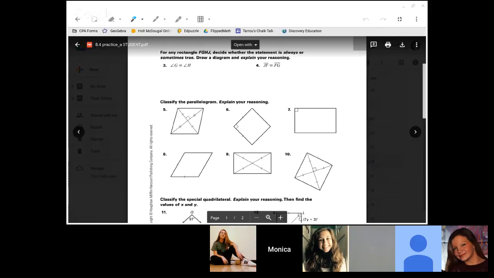Okay, now, does it also say that diagonals bisect each other? Oh, but it does, because remember, a rhombus has the same traits as a parallelogram too. Like, remember, it has all of its own things and everything from above it, right?